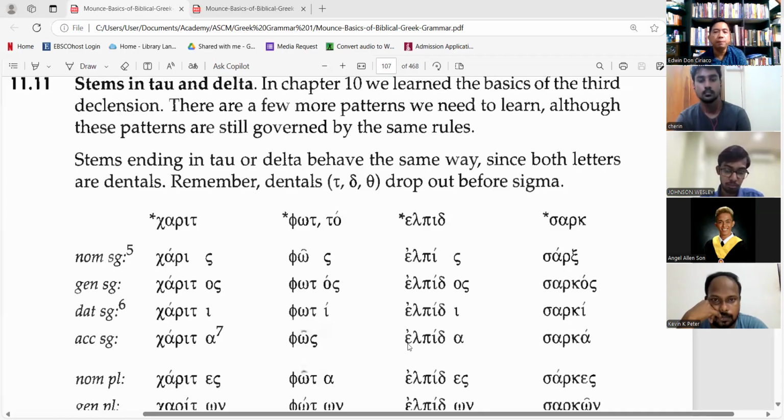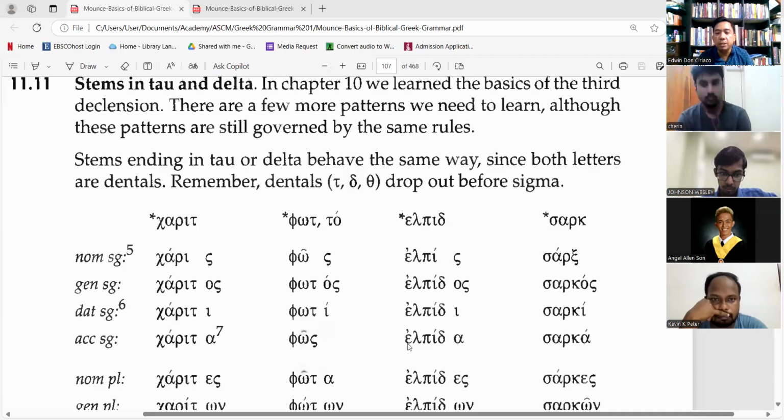And then elpis. You see that the nominative of hope is elpis, okay? But notice that since this is a dental, it has a delta when it goes to the genitive, dative, and accusative. So do not be lost, okay?